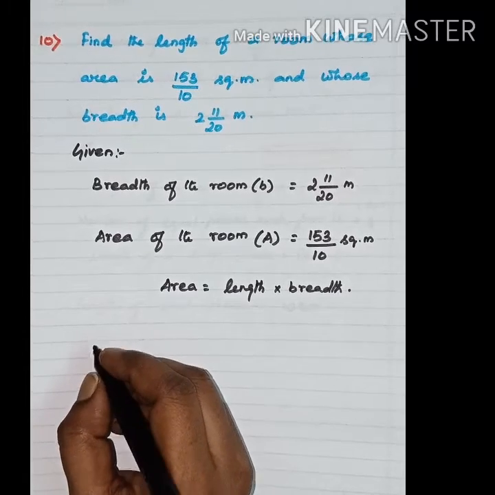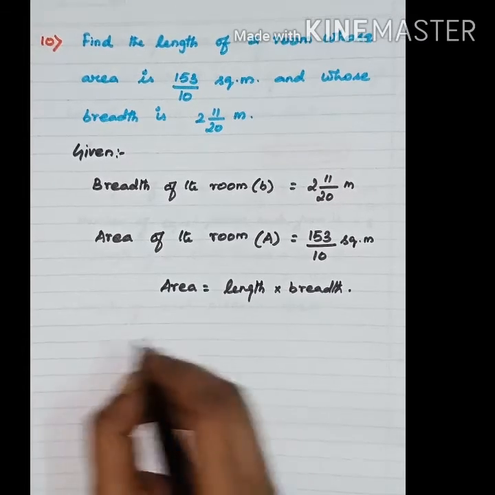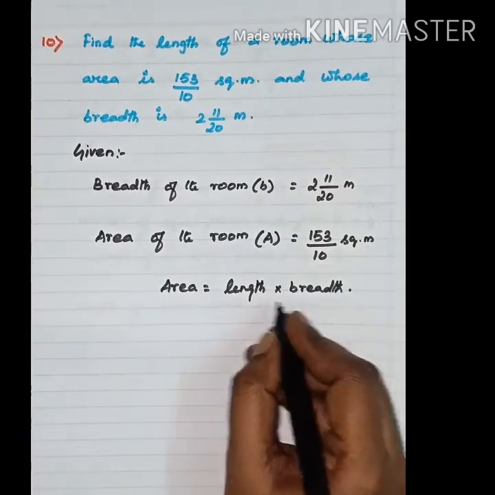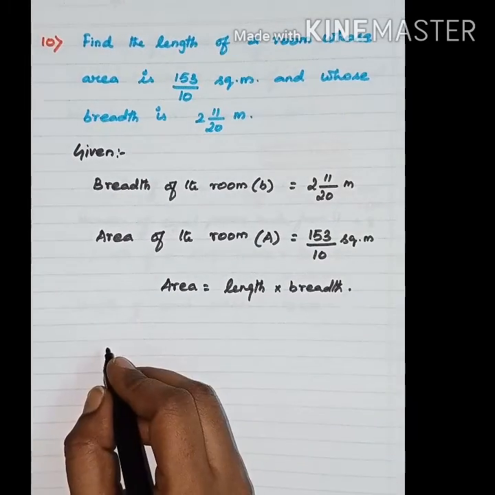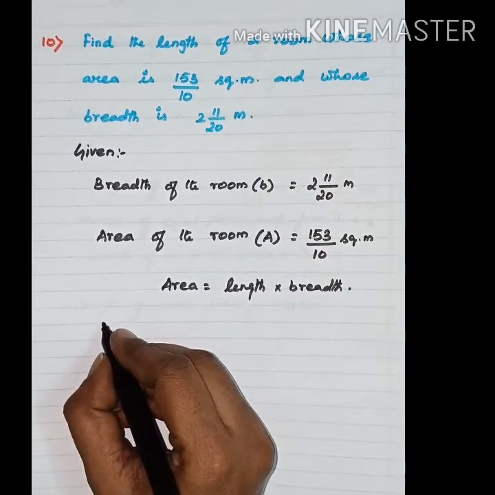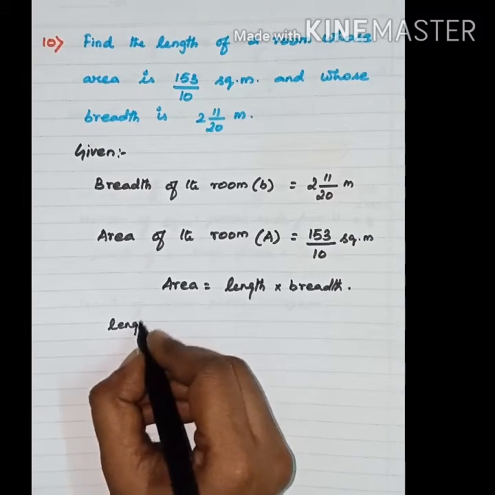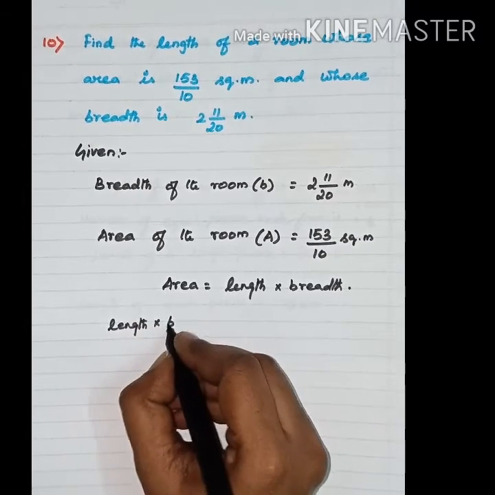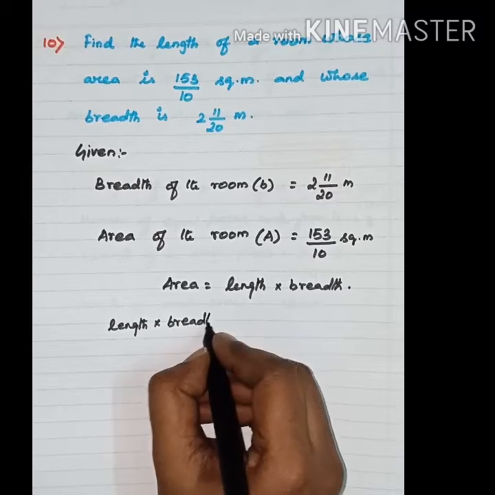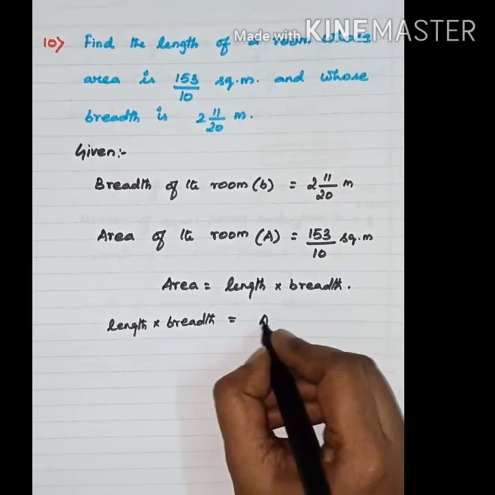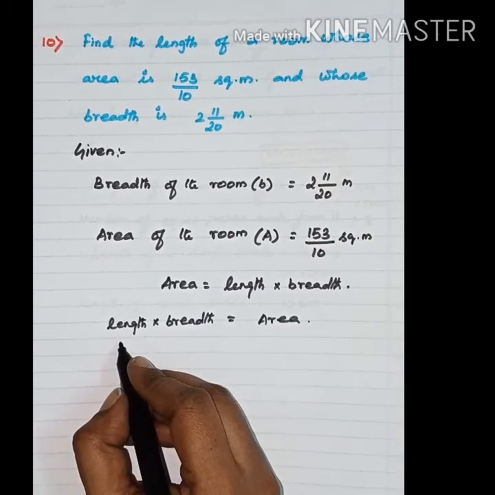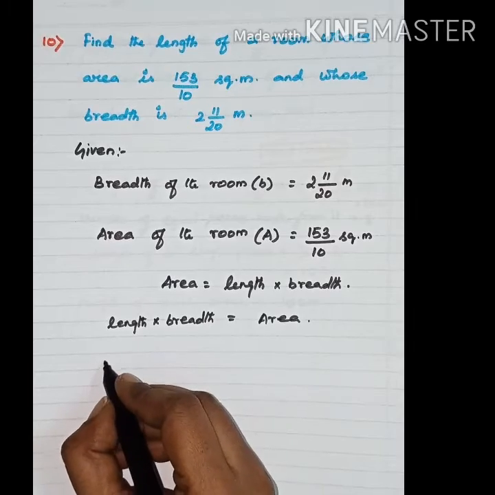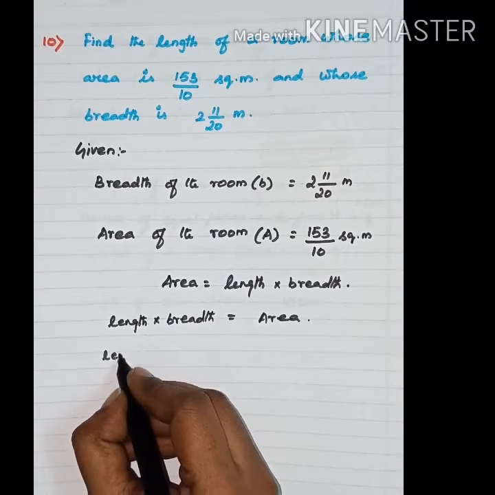We are going to find the length of the room. So, take this length into breadth to the left hand side. That is length into breadth is equal to area. We don't know the length, so take it as it is.